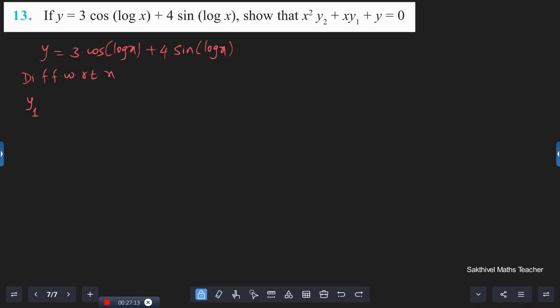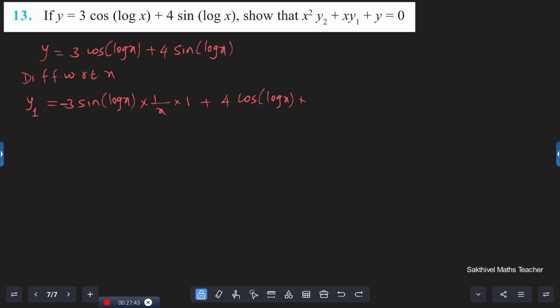When you differentiate y, it becomes y1. They mentioned y1 in the question. So 3 into cos, when you differentiate, you get a minus sign, so minus sine of log x. Now log derivative is 1 by x, and x derivative is 1. Plus 4 into sine, derivative is cos.